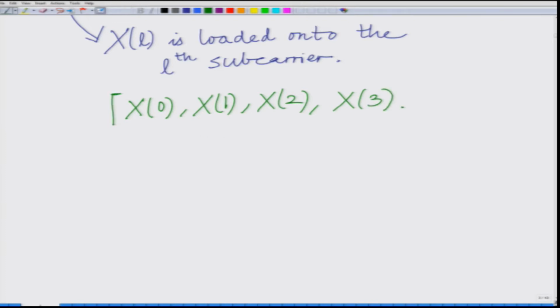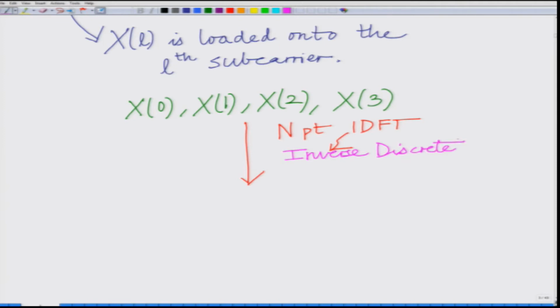What we are going to do with these symbols is perform the N point IDFT, where IDFT stands for the inverse discrete Fourier transform.